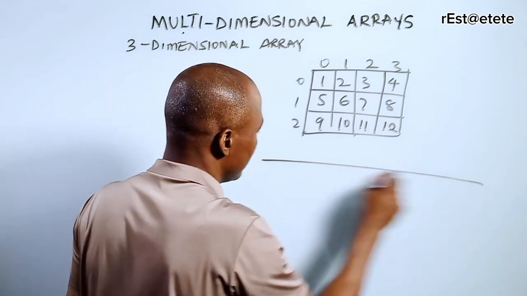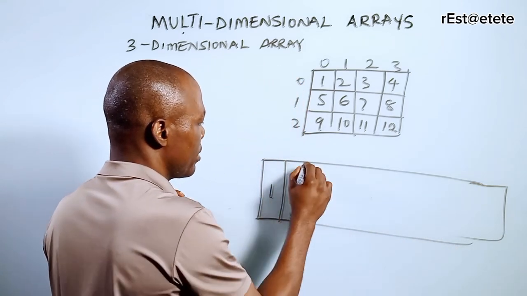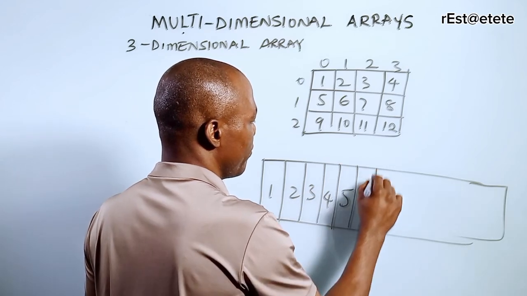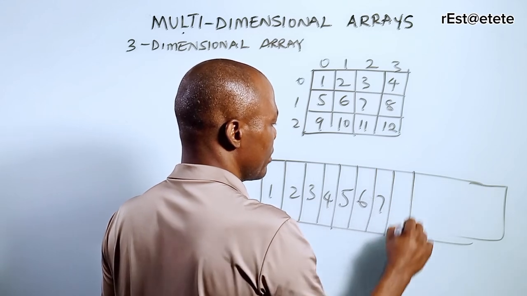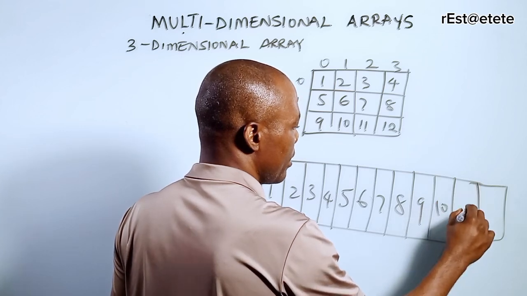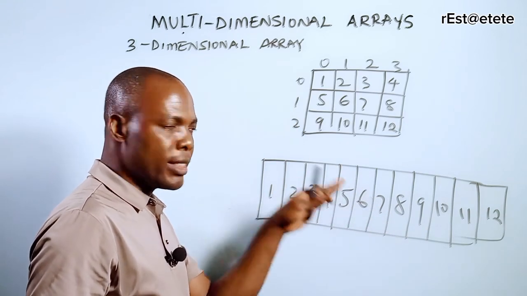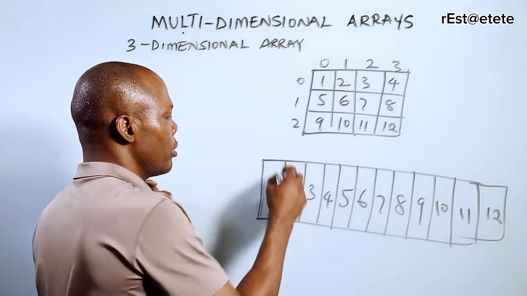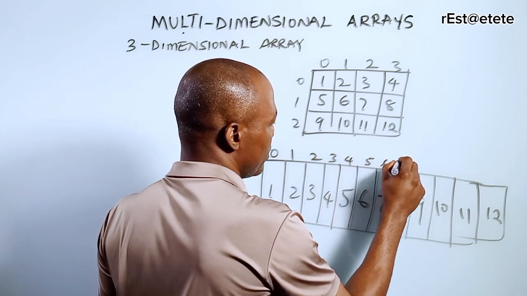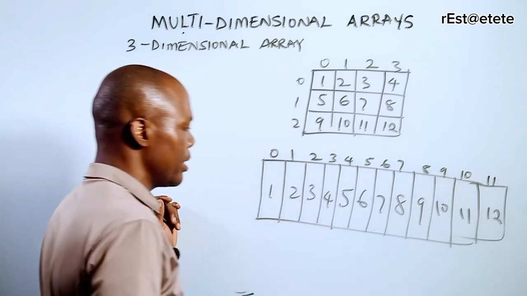Then we have this as one dimensional: 1 to 12. Now, this is a one-dimensional array, and this is how it is represented in a linear memory. So you have the index 0 to 11. Those are the indices, right?